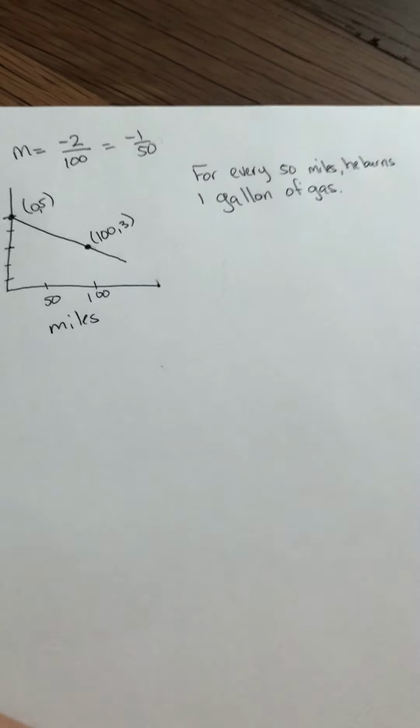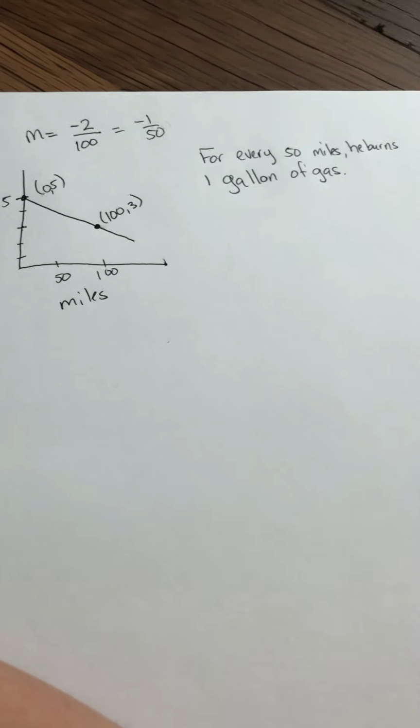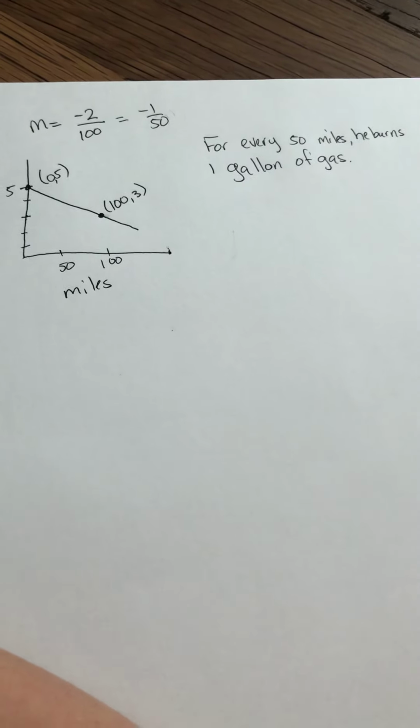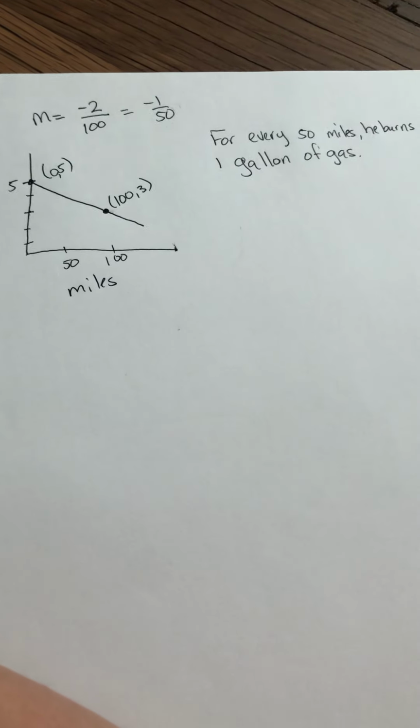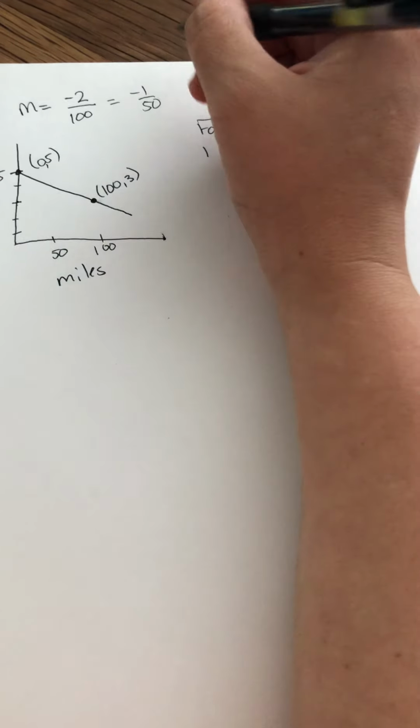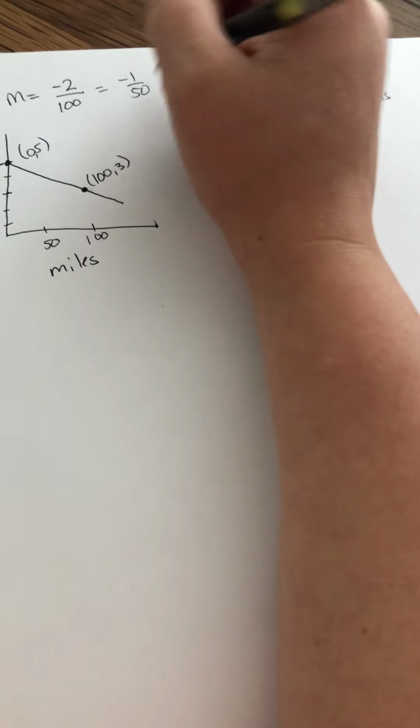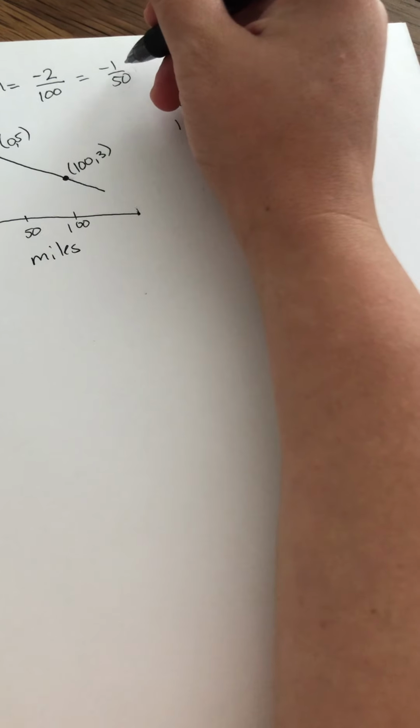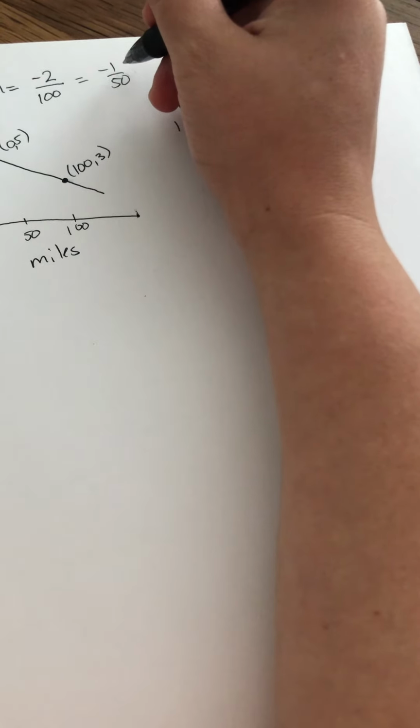If you wanted to get into each individual mile, how much does he burn each mile, then you could say it's -0.02. So he would be burning 0.02 gallons of gasoline for every mile.